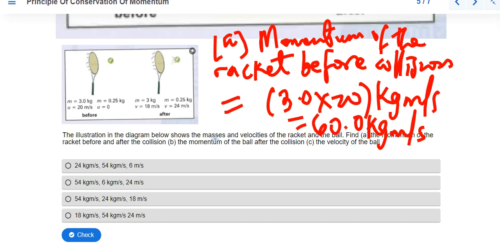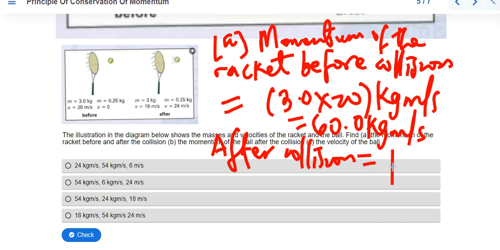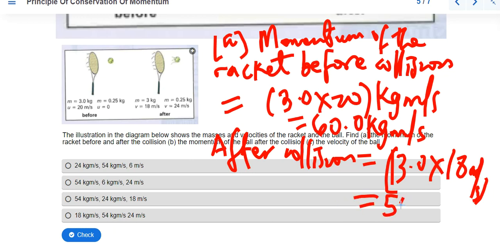So after collision now, we have 3.0, the same mass, times 18 meter per second. That's the velocity, and that gives 54 kilogram meter per second.